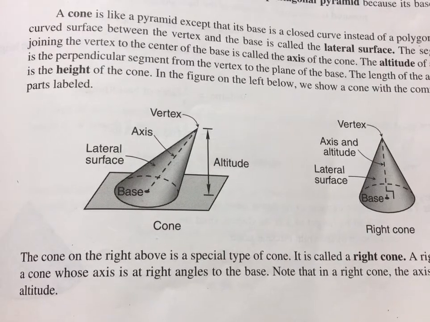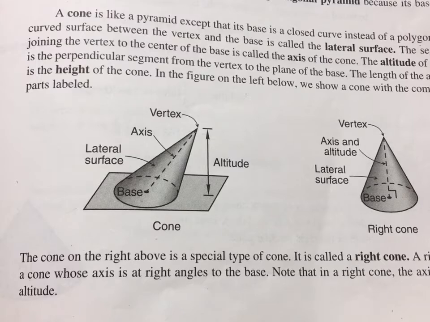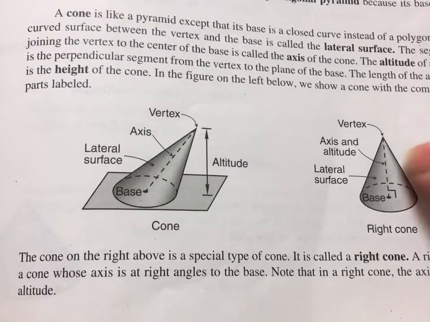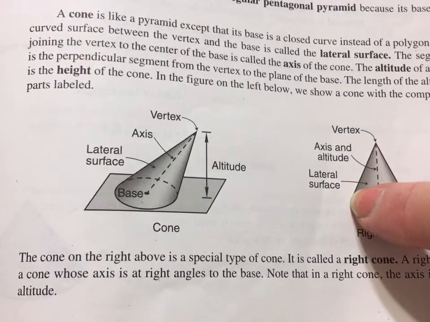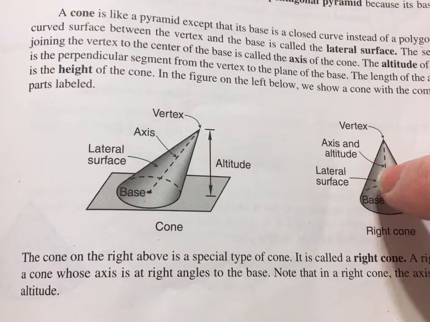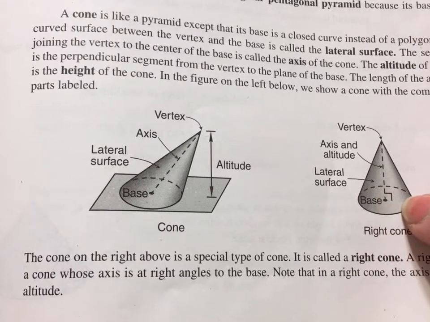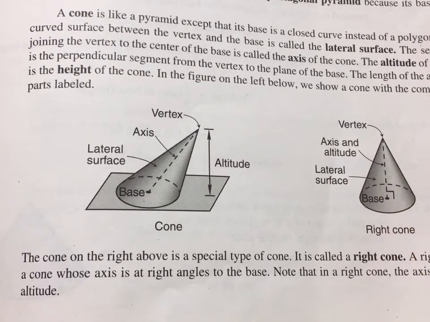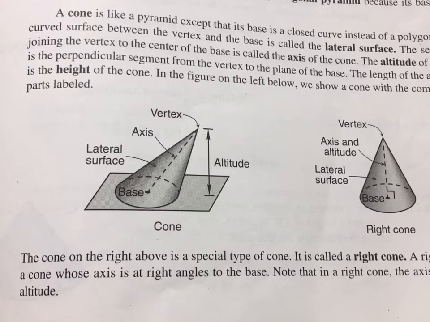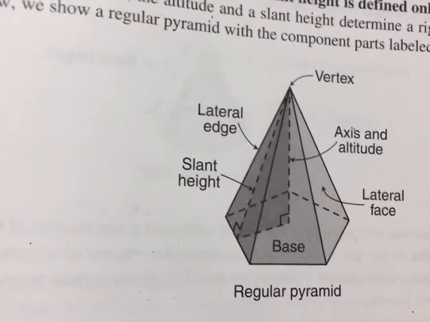So it is like a pyramid in that it goes up to one point and it still has a lateral surface. This is the lateral surface, but it doesn't really have an edge because it's round. Okay, our other ones, our polygons, had a lateral edge.